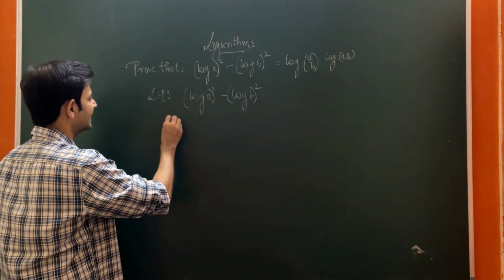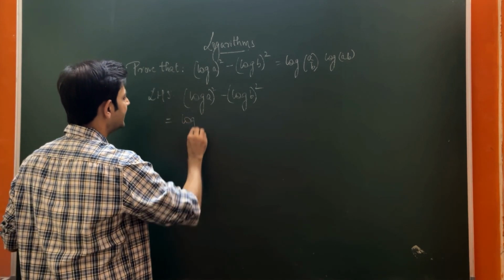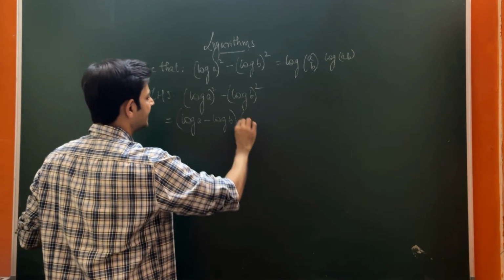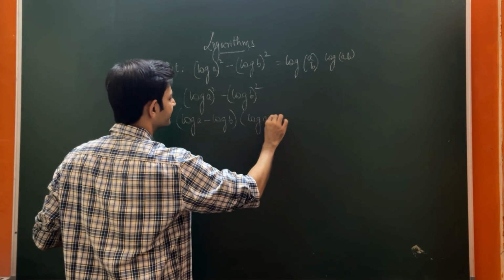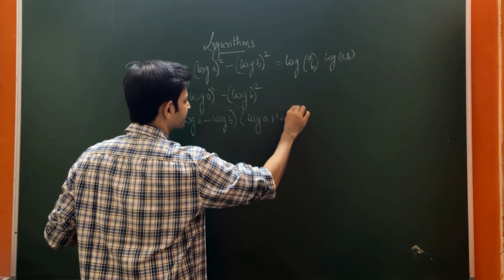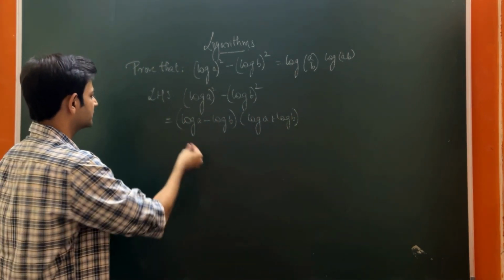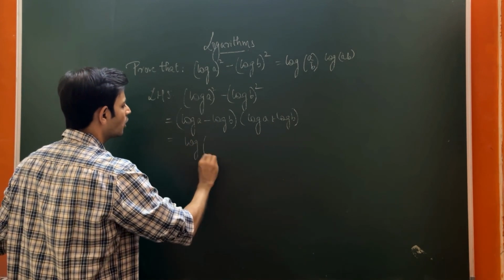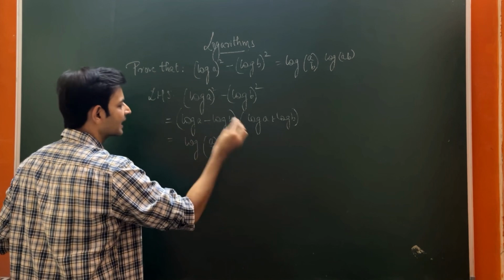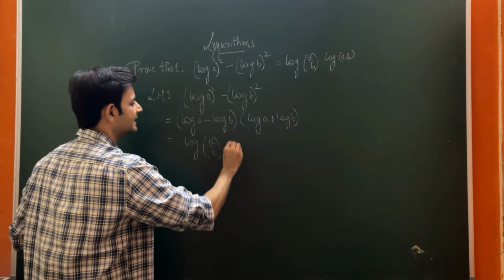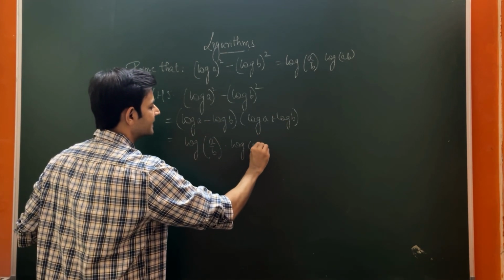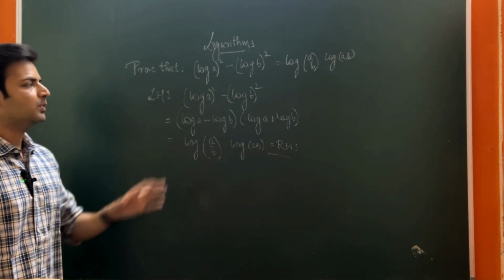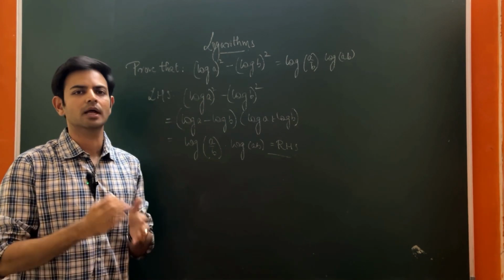So let's just write it like that. This is equal to log a minus log b into log a plus log b. So we just solve it further. Now because they are in subtraction, we can write them as log of a by b. And because these are in addition, we can write them as log of AB. So this is equal to our RHS. In this way, we can solve more questions based on logarithms.